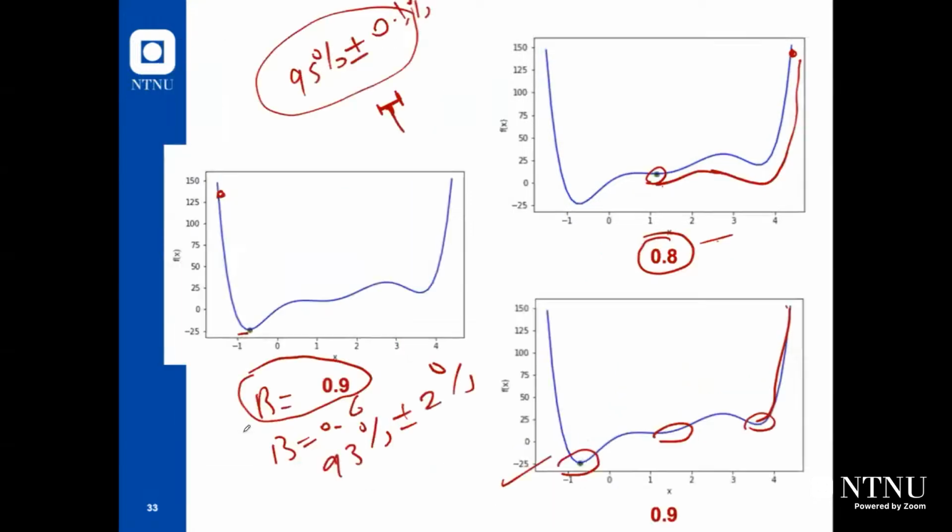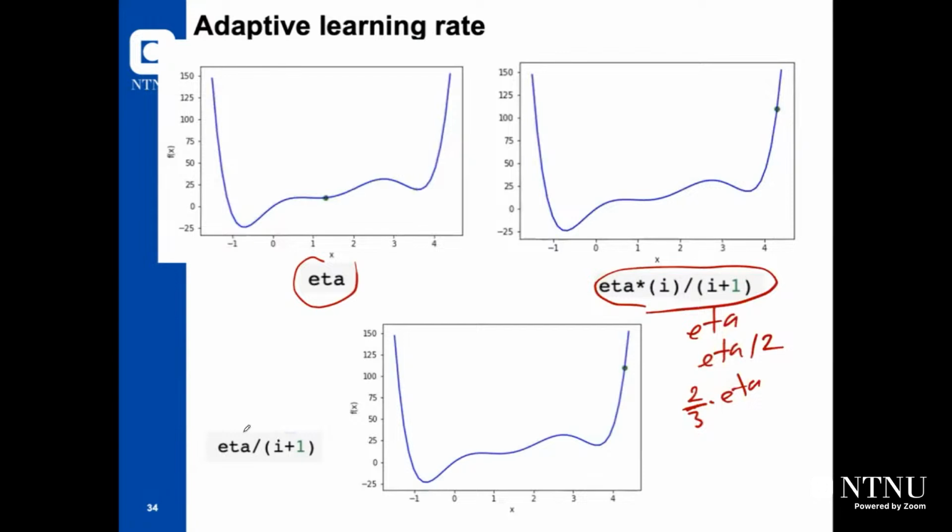Now we can see the impact. If you start with just eta versus starting with this formula, you can see that you minimize your function with high speed, with larger step size, at the beginning, and the speed decreases when we are close to the optimum point or the global minimum. Do you see?